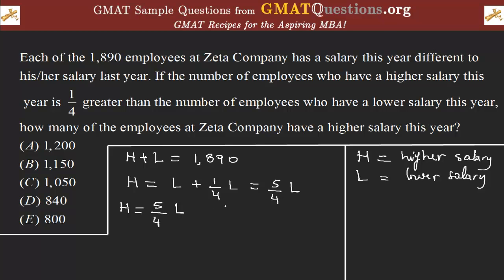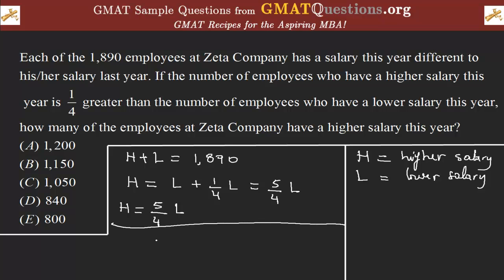Now, having done that, we can solve this question by substitution, replacing H with 5/4 of L, finding L and then finding H. Or we can eliminate L by saying that L is equal to 4/5 of H and replacing L with 4/5 of H. But I don't like that particular method. I think it's a little bit cumbersome. So I'd rather use the concept of ratios. This is what I mean.